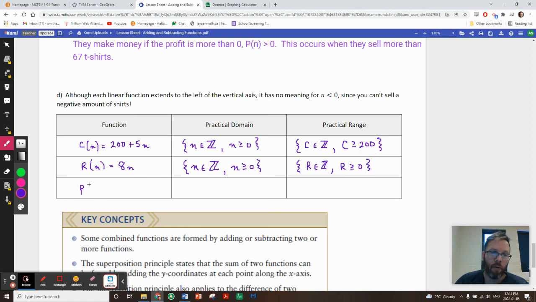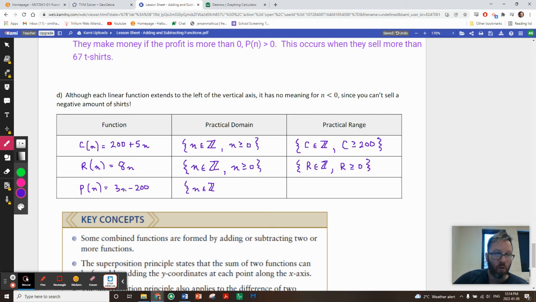And finally, for the profit function, which we found out was 3n minus 200, again, the practical domain is the shared domain. Profit is the difference between revenue and cost, and to get a value for the profit function, you need a value for the revenue function and the cost function.